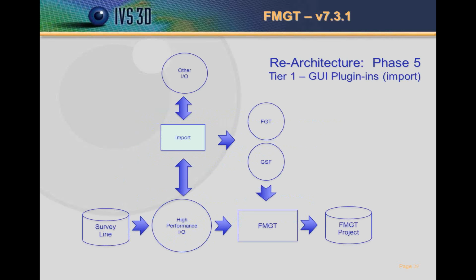Now the way these work is with the import plugin, you can use GT's I/O, and then you can import to what we call an FMGT file, which is GT's native backscatter processed format, or you can create an internal GSF, and then GT does what it normally does. It just processes that data like it would in any other project.